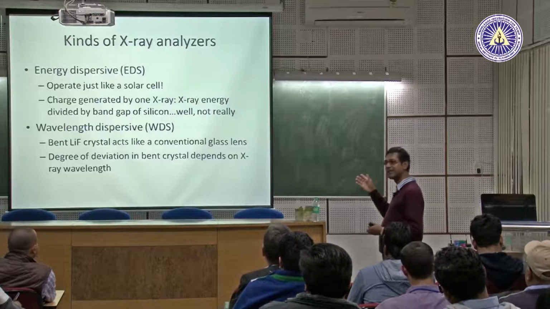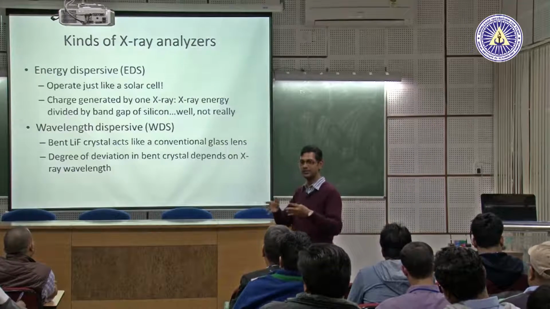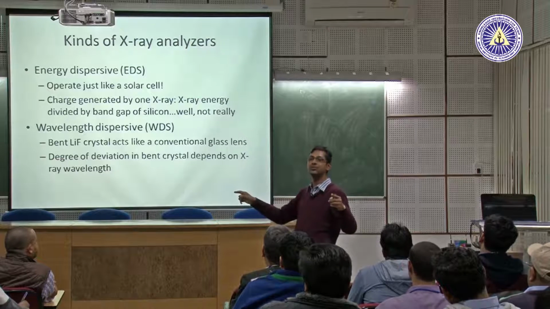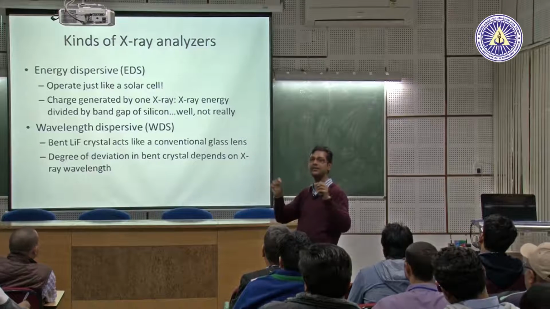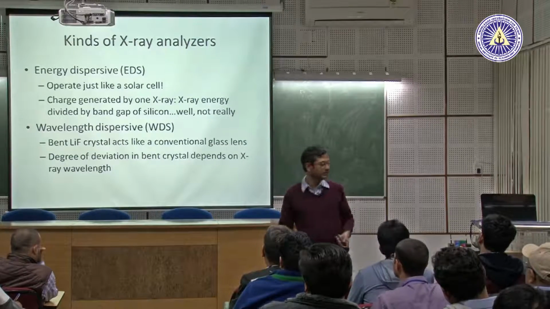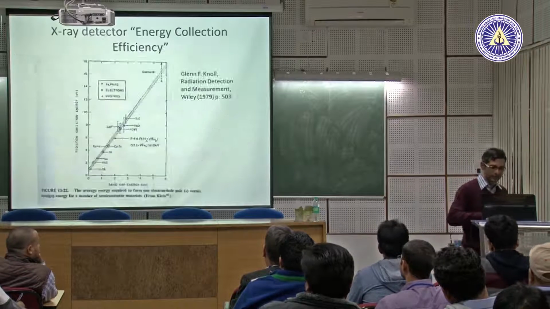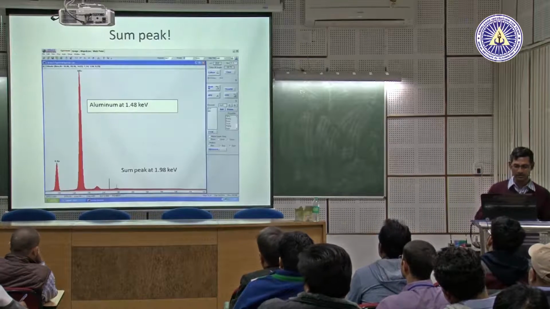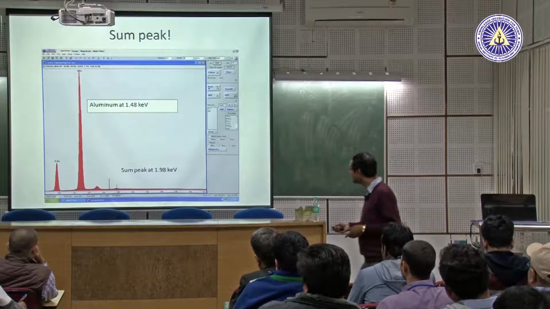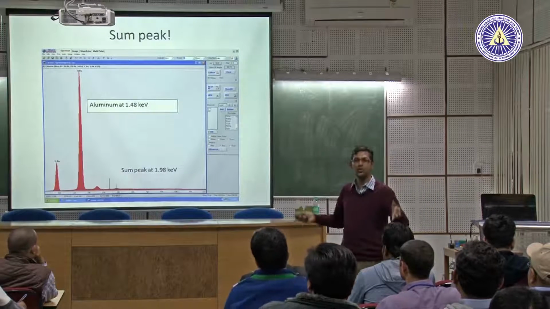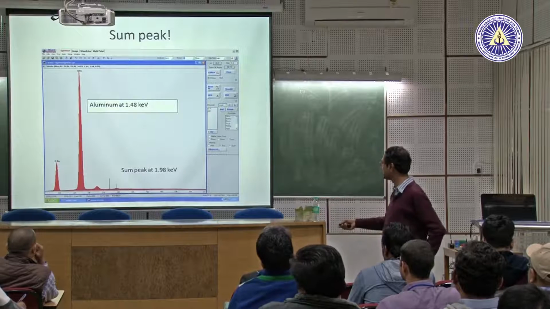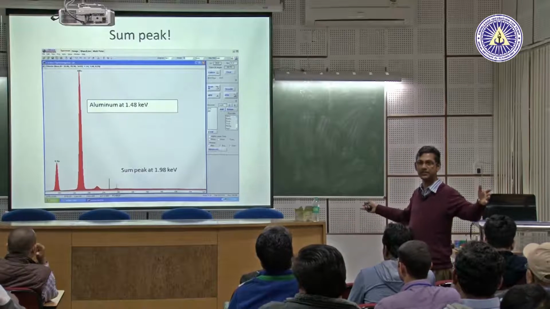You feed these X-rays to that gadget, and suppose it has 2000 energy levels. This is the total energy range, from 0 to 6 or 0 to 20 kilo electron volts, in which you scan.